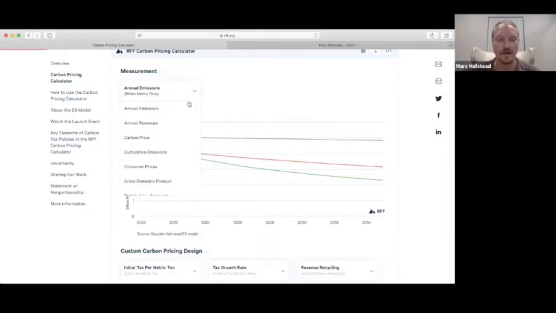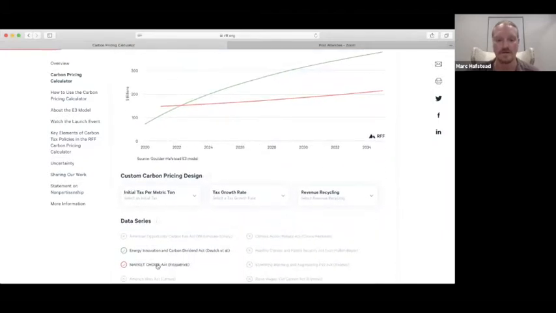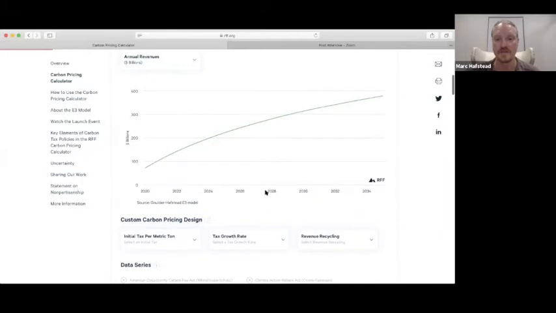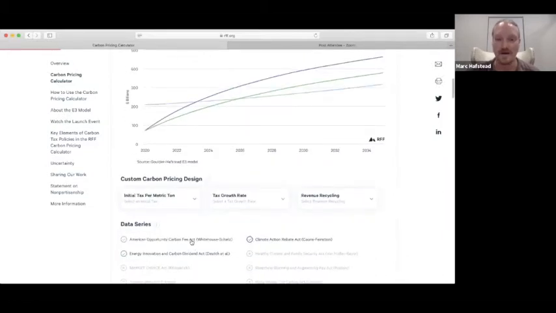Again, we have all these other metrics as well. So we have revenues, which is obviously very interesting. Policymakers are especially interested in this. Carbon pricing raises a lot of revenues. And even though emissions are falling, we anticipate that revenues are increasing for most of these policies, for all these other carbon tax policies.